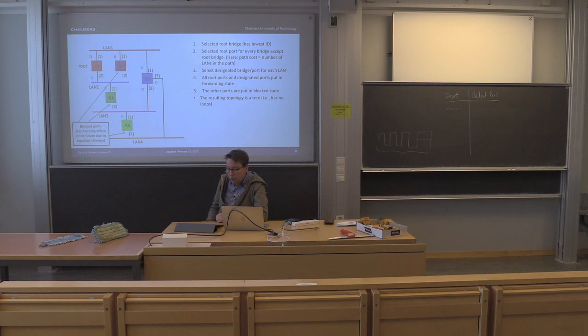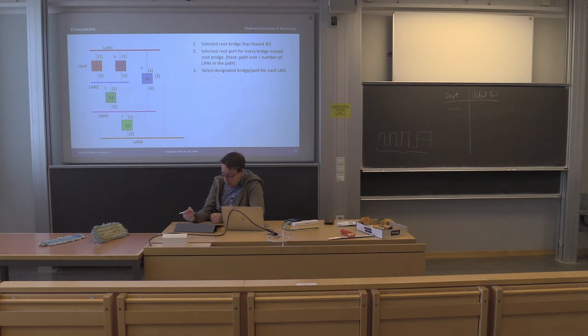Which ports are we going to enable here? So the root ports, okay, here we go. All the ports which are either designated or root are active, and all others are disconnected.